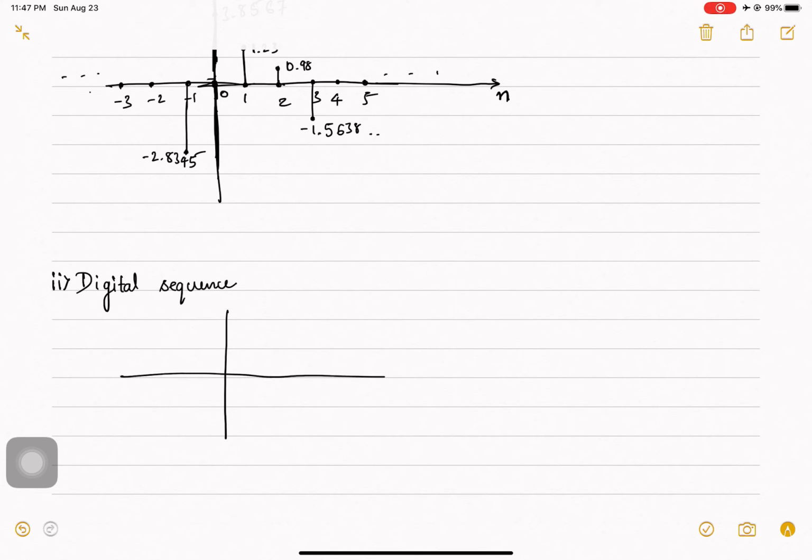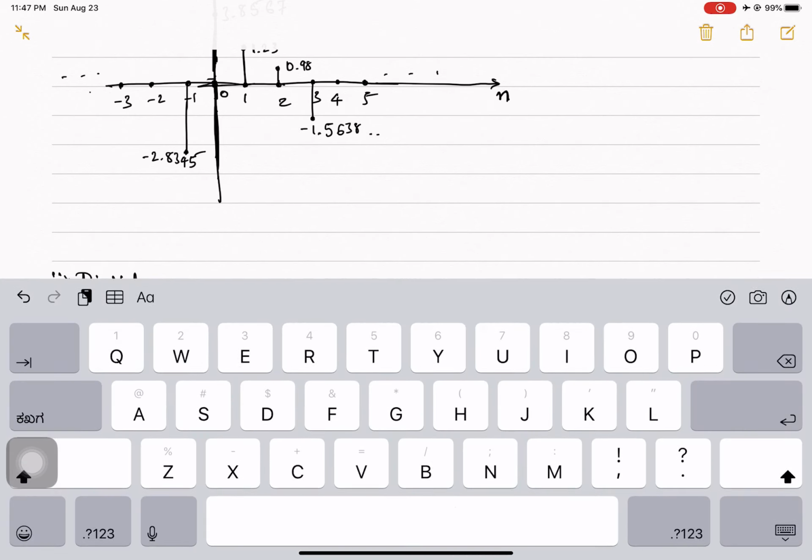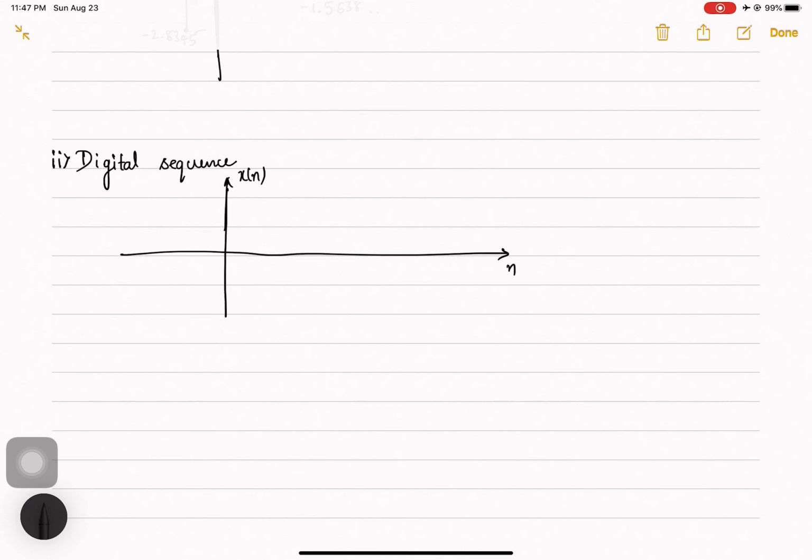here if I'm going to represent it on a plane, I have x of n. n is the same in both the discrete time case as well as the digital case. So this is 0 as usual and this is 1, 2, 3, 4, so on and so forth. This is an index, so hence it can take only the integer values. Now if I start writing the values of the y-axis, it can take only specific values.